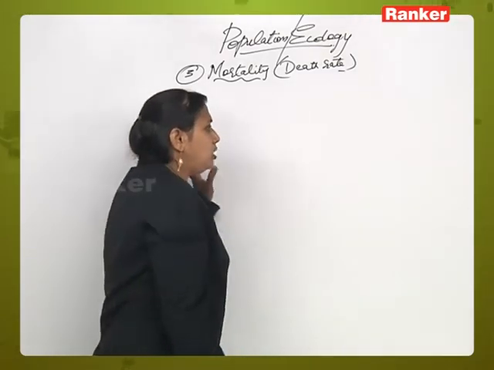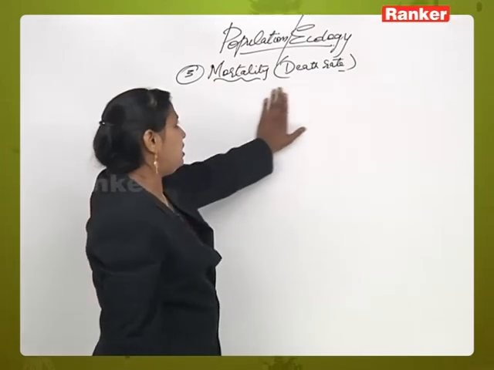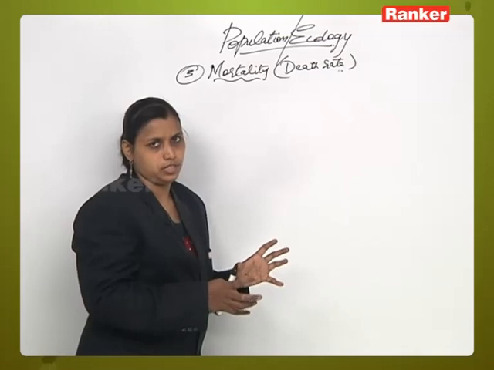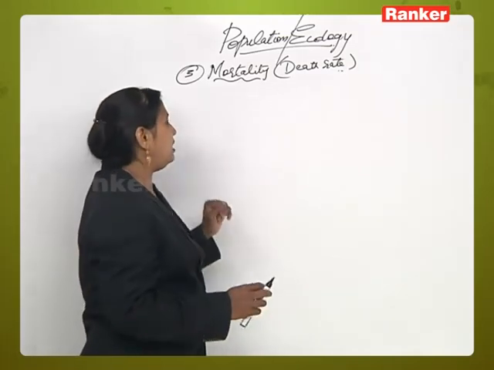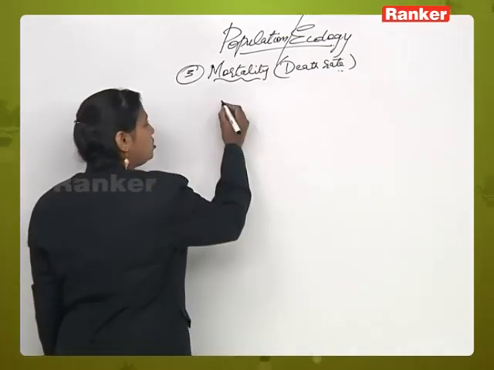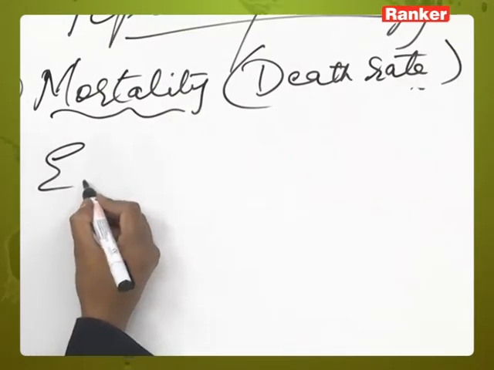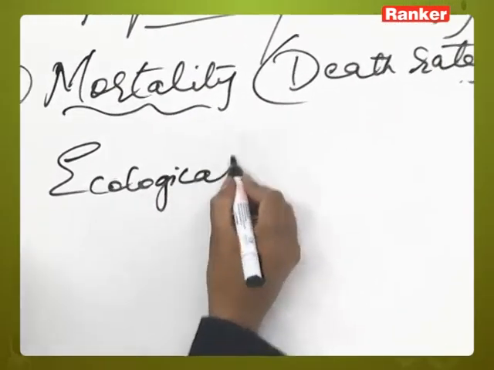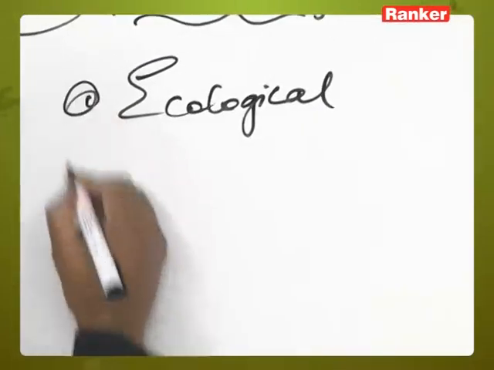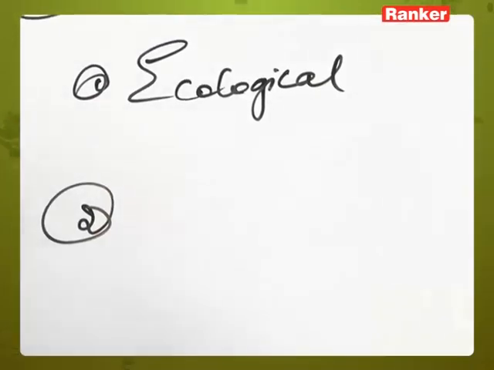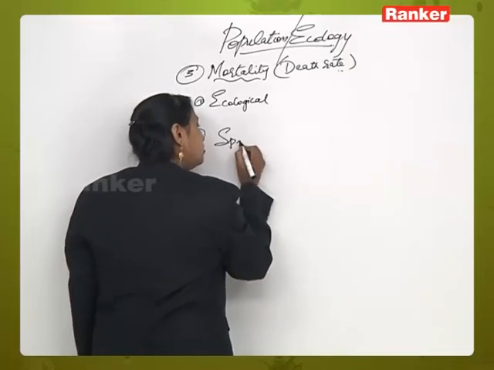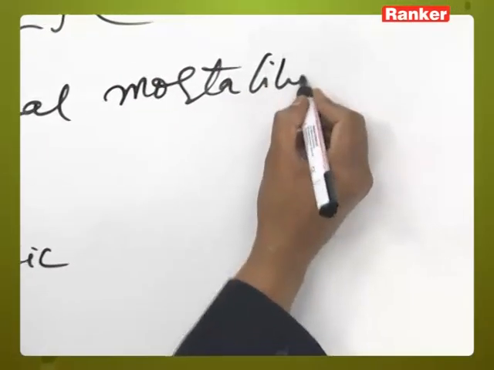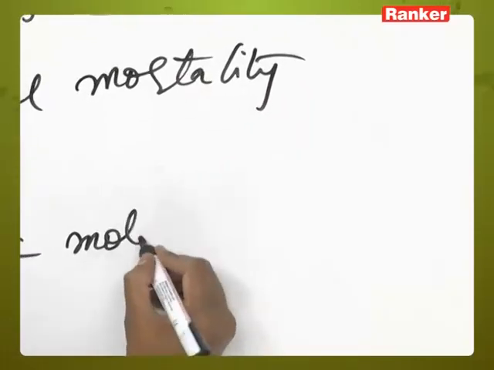Now, when we come to mortality, as we said, death rate, the number of individuals dying in a particular area. This mortality can be studied under two concepts: ecological mortality and specific mortality.